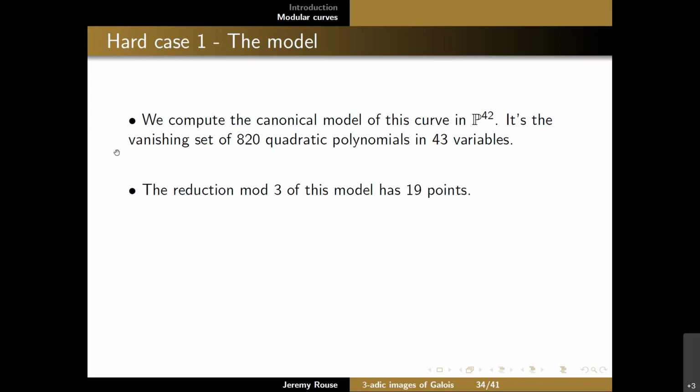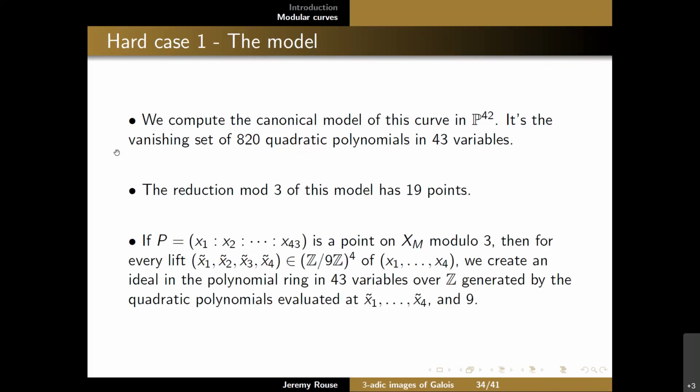So we do the following thing. For each of these points on X_M mod 3, we lift the first 4 variables to some element of Z mod 9Z. Then we take that lift and we plug the values for the first 4 variables into these 820 polynomials, and we create the ideal over Z generated by the values of these quadratic polynomials and 9.